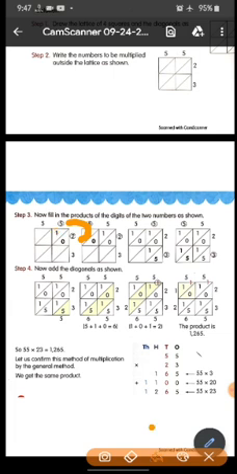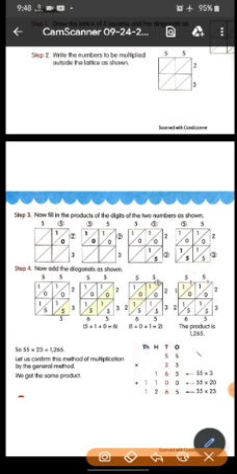Now we will come to the last boxes. 3 fives are 15. Here we will write 15, and then in the last box left, we will multiply 3 into 5. So 3 fives are 15. Here we will write 15. So this way we will multiply.